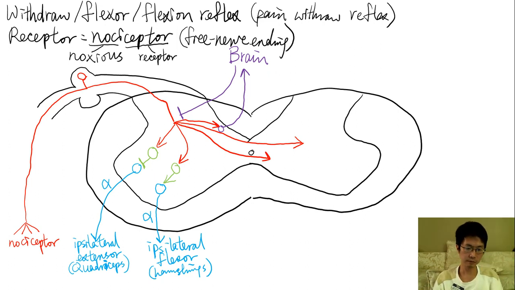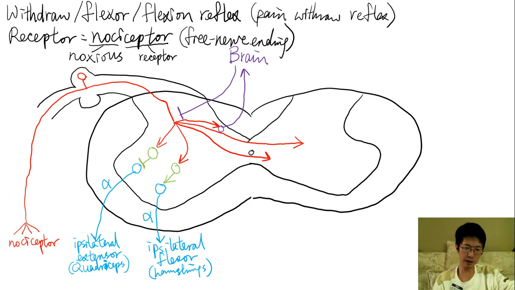So that's why in here, the nociceptor of your left leg steps on a nail, so it will start to fire action potential. The action potential will travel through the DRG, go to here. Then you will activate the inhibitory interneuron.